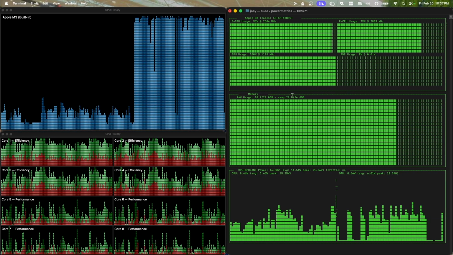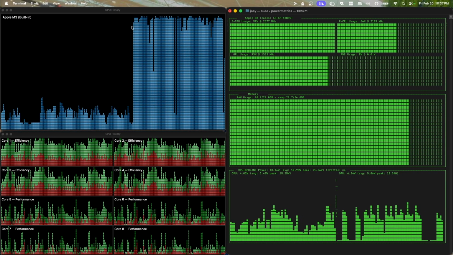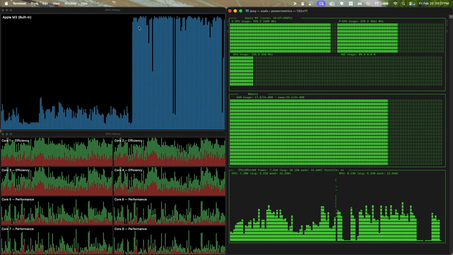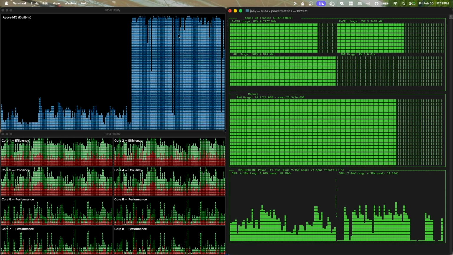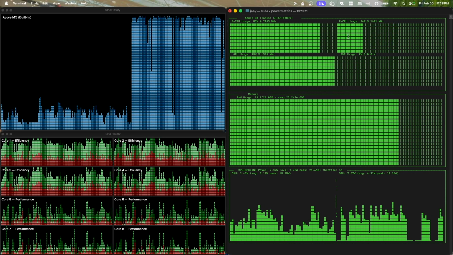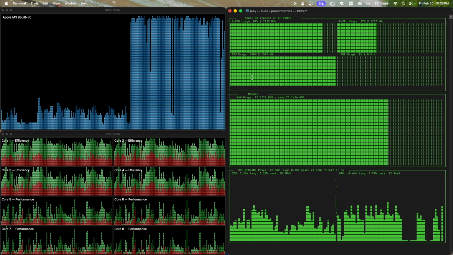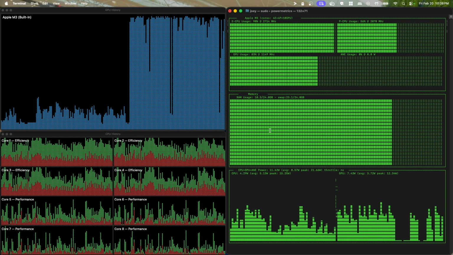So this is what it's doing to my machine right now. Look at the spike in the GPU usage. Oh my goodness, it's basically using the entire GPU. Efficiency, these four, and then performance, these four.